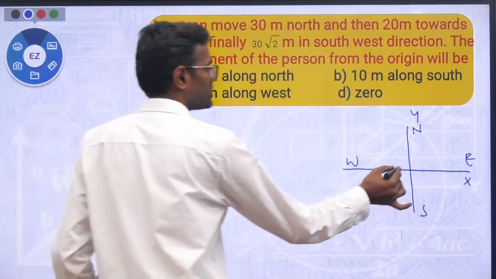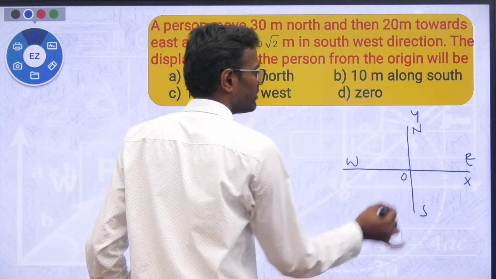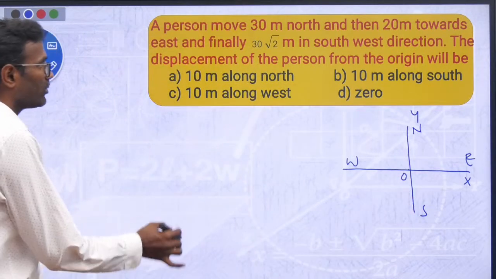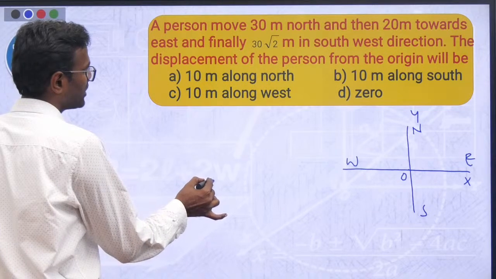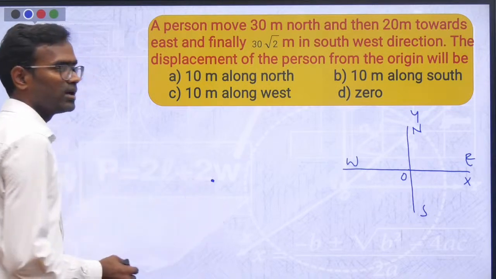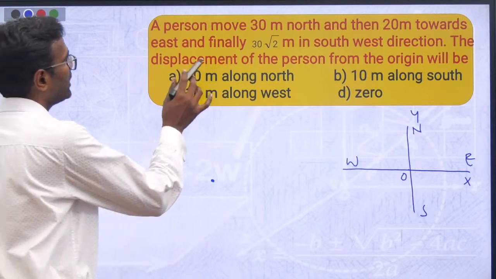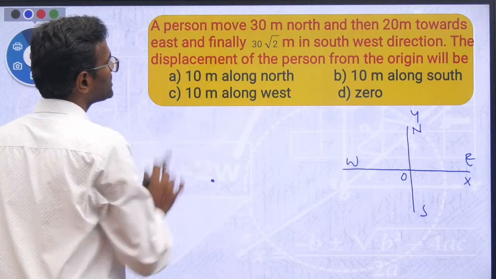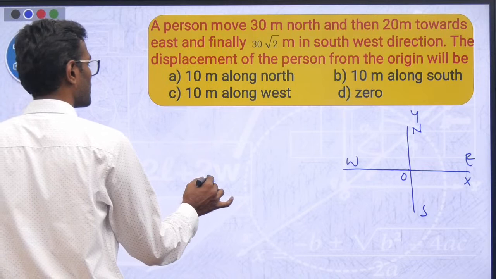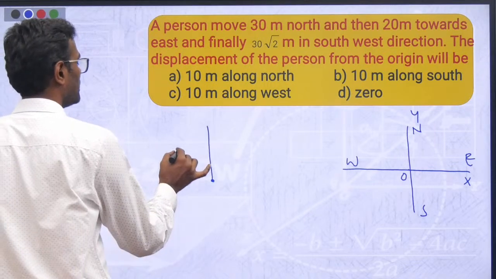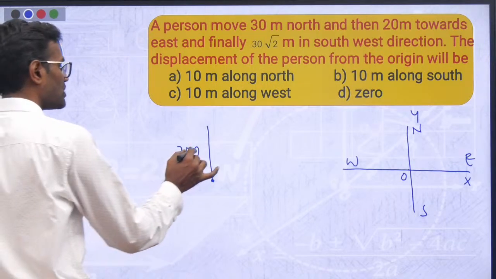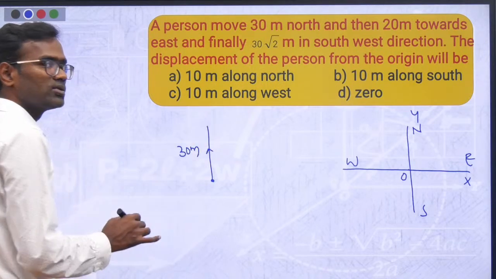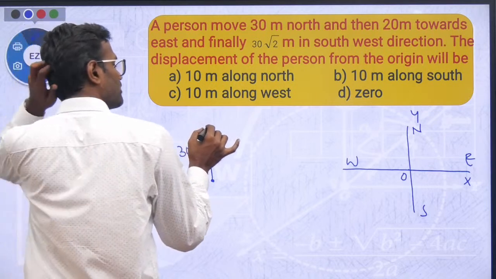This is the origin, O. This is the person, he was standing here, and started moving 30 meters north. So this value is 30 meters north, with an arrow mark that gives the direction.